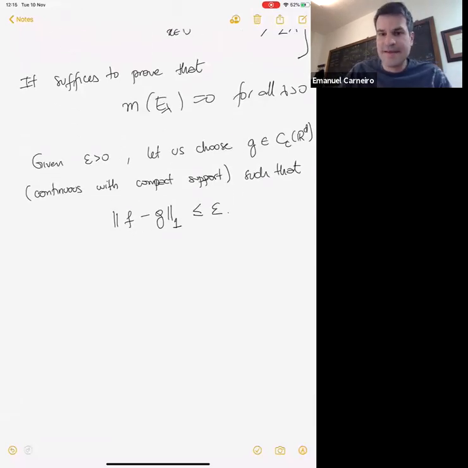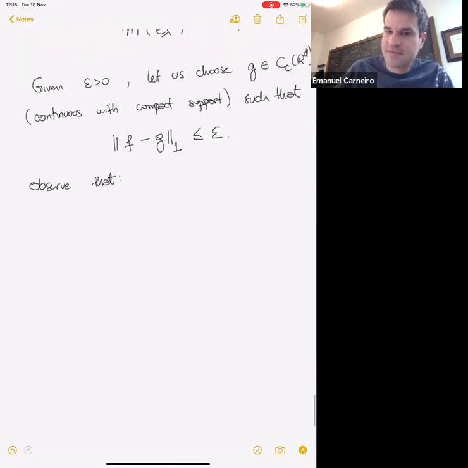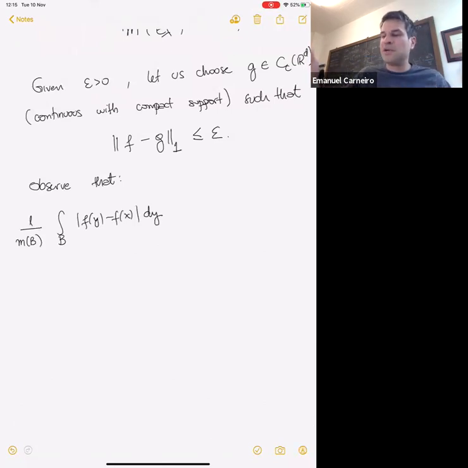Now, observe the following. Observe that 1 over measure of B, integral over B of the modulus of f of y minus f of x. We go to the usual splitting in 3 arguments, right? So I'm going to split this into 3. I'm going to put my g into play here.